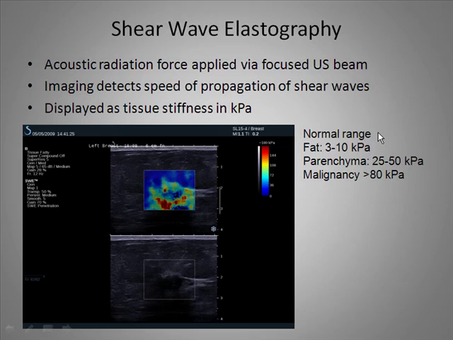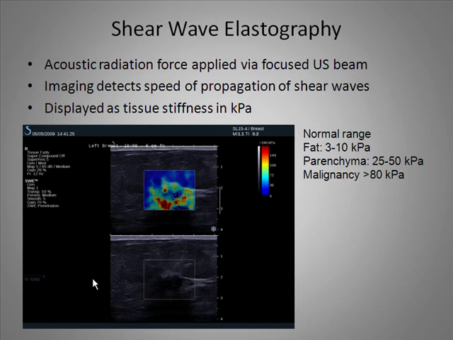Shear wave elastography utilizes acoustic radiation force. So again, the B mode imaging is performed, the appearance of the mass is optimized, and then the elastography program is activated. The radiation force is instantly activated, and the color map is again recorded nearly instantaneously.